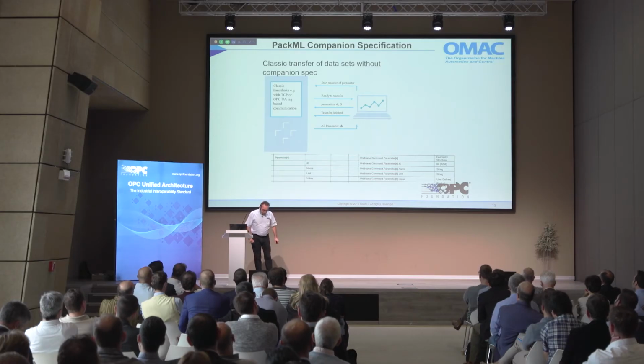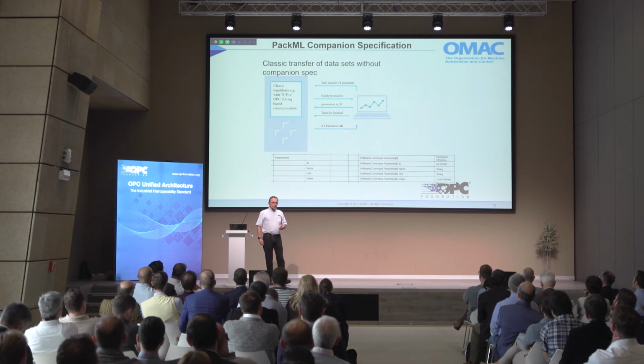Everybody talking about companion specs, and saying, oh, a companion spec is an interface, and why should I have a lousy interface if the others have better and more comfortable interfaces? That was also a little bit the thinking around PackML and the OMAC group, but at the end, everything is okay.